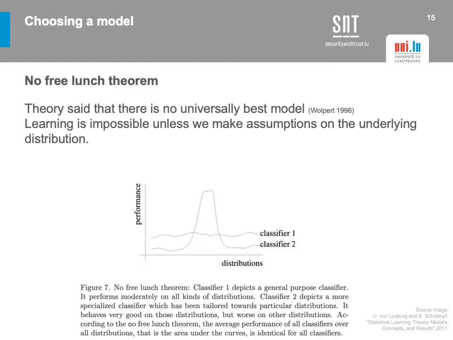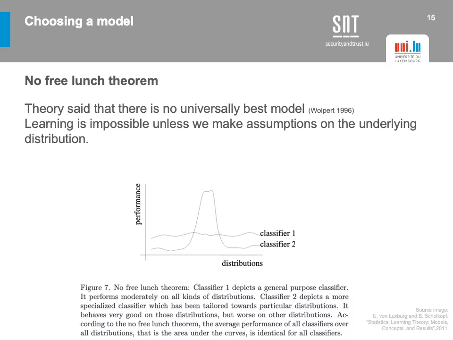Here is an insight from statistical learning theory, from the more theoretical part of machine learning, called the no free lunch theorem. So it means that there is no free lunch. What does it mean? It means that there is no universally best model.